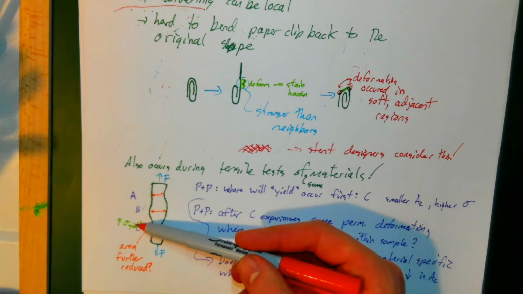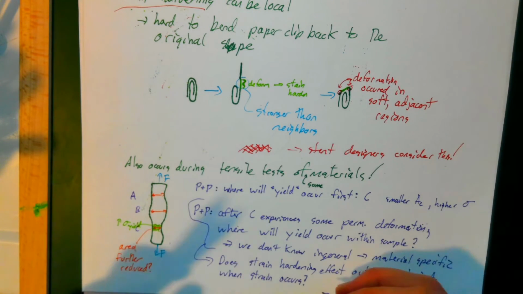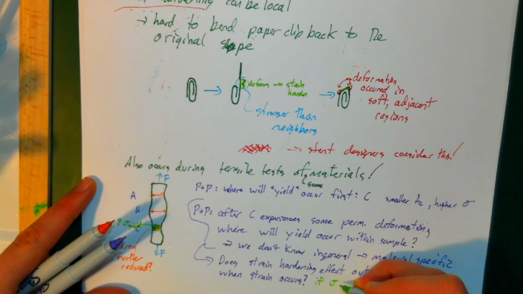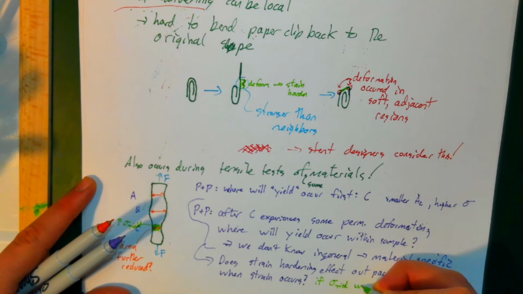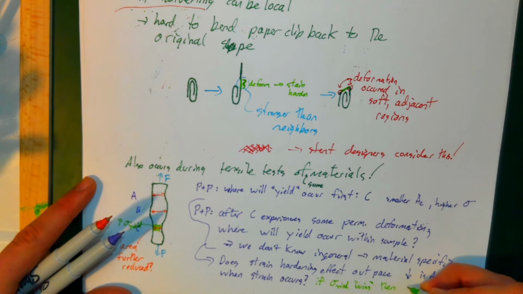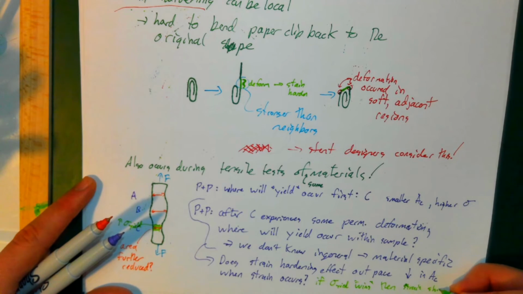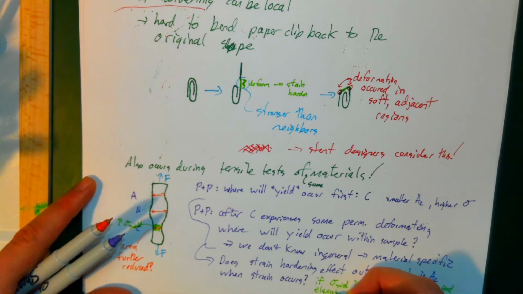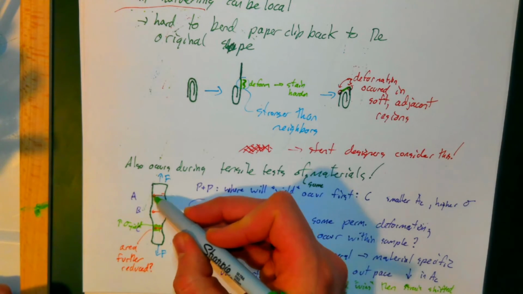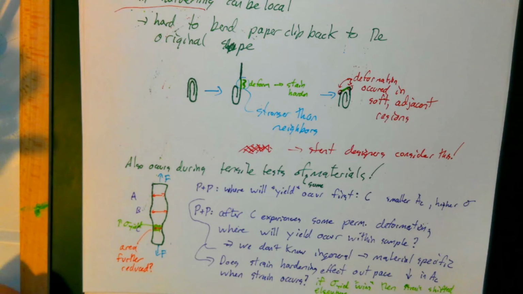And basically if yield strength wins, then strain occurs elsewhere. Then strain is shifted elsewhere. For this it would probably be to region A, the second narrowest region.